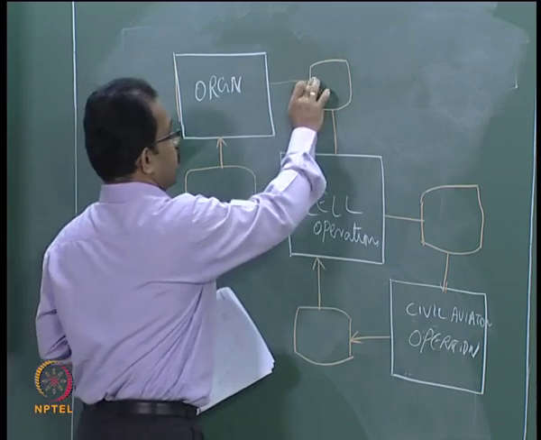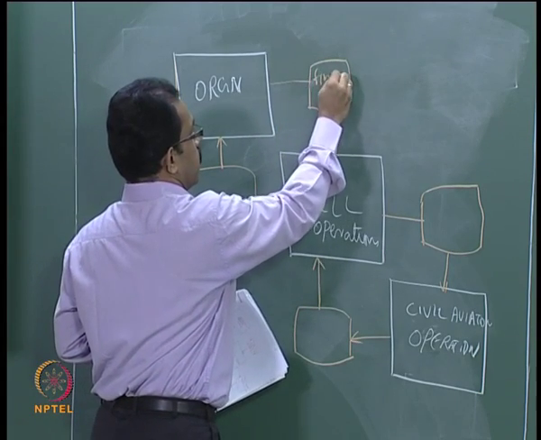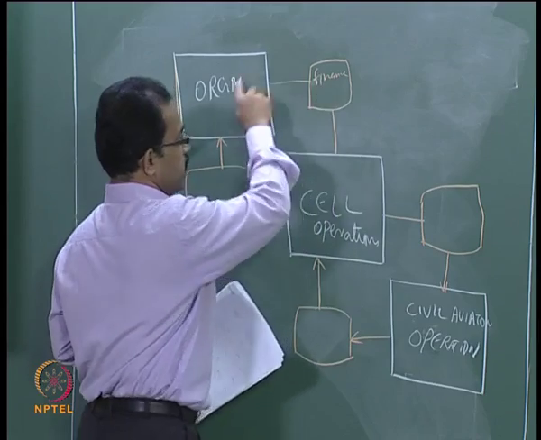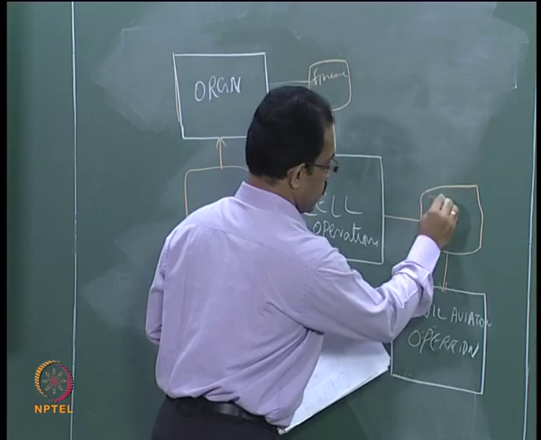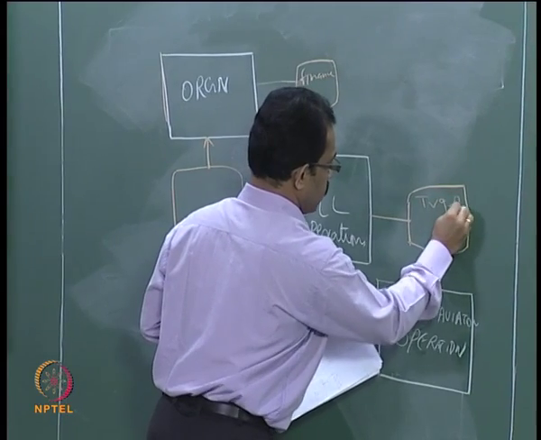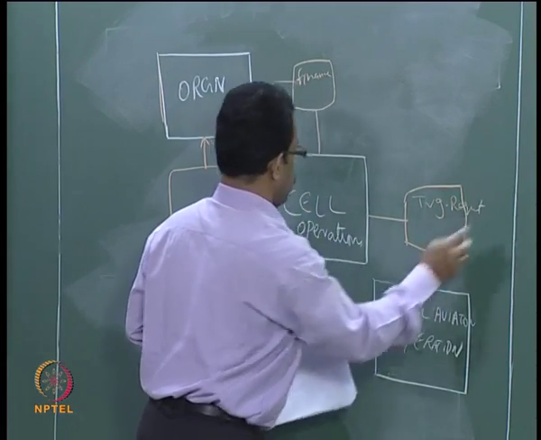So here basically the finance and all other help were provided by the organization for the cell operation, and here the training requirement and all other requirements were managed by this operation only.